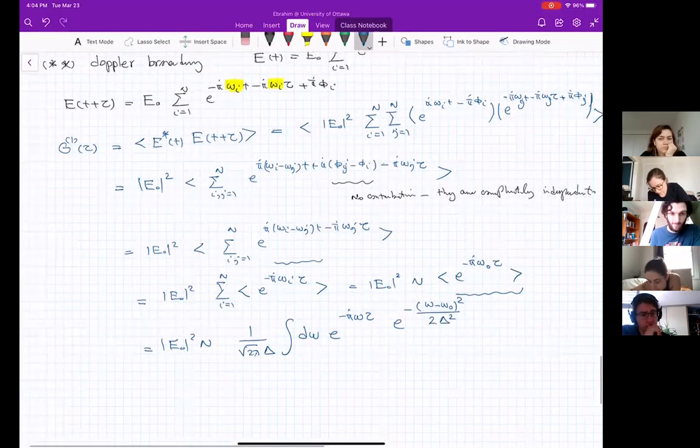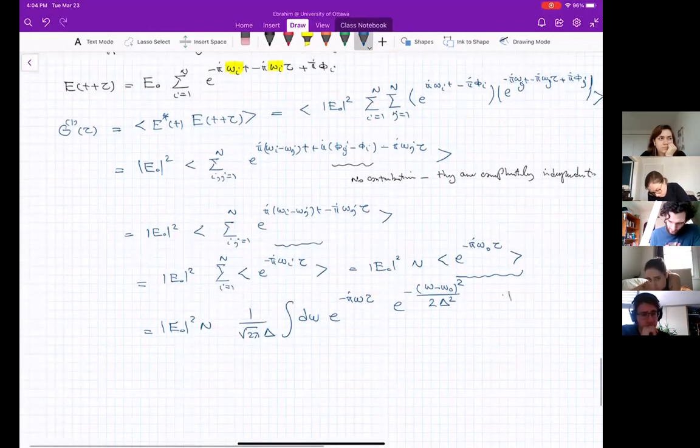This is essentially what we consider for Doppler broadening.